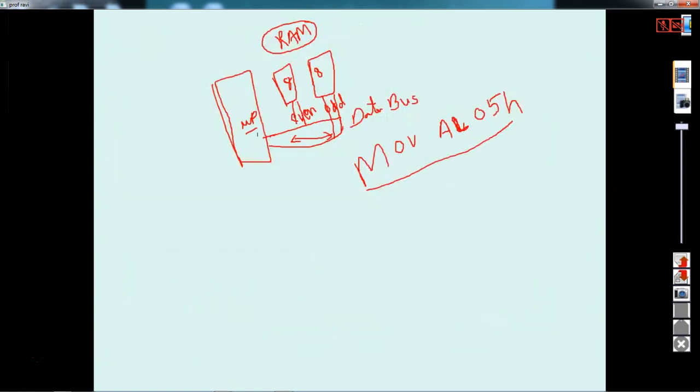The microprocessor is a machine, and it has to understand English-like words such as moving 5 into the accumulator. But as human beings, when you write a program, you can write it in many languages.